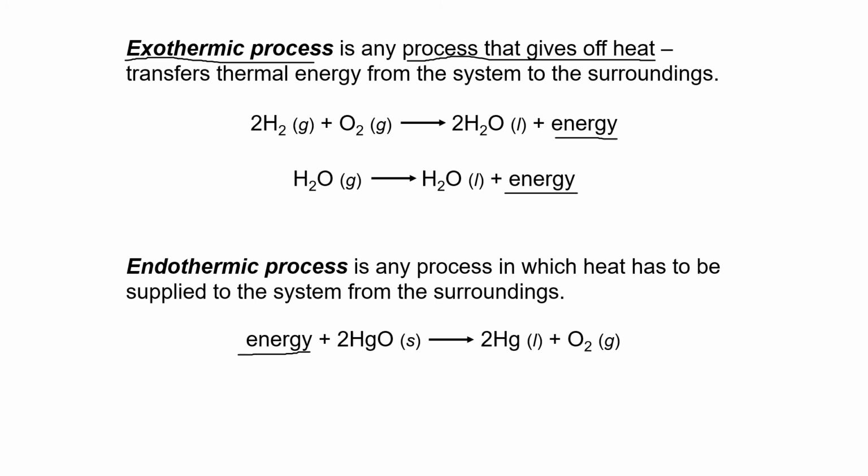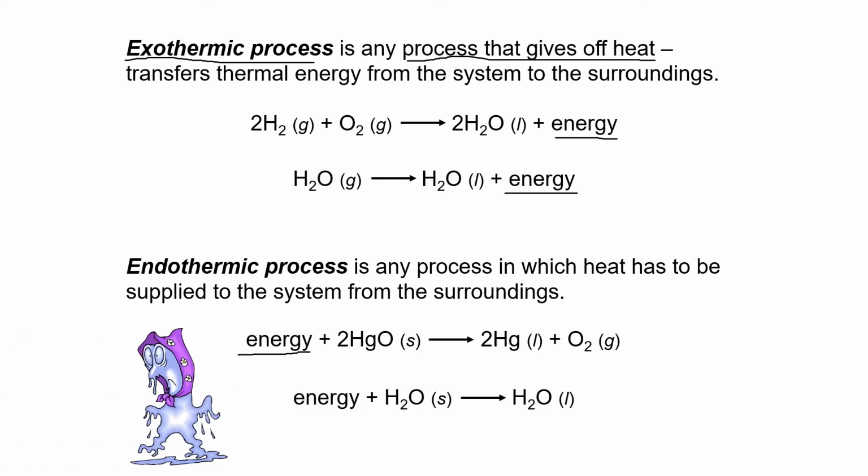That requires energy absorbed from the surroundings. So it's an endothermic process. And here's another phase change where solid water is converted to liquid water. That requires energy in order to melt that water. So it is an endothermic process.